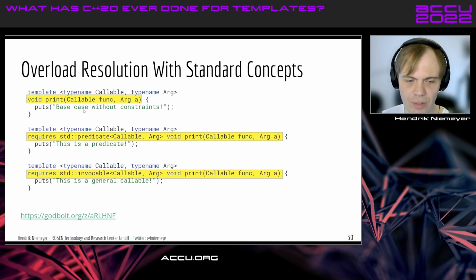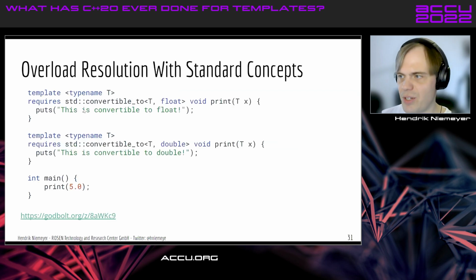And this is also a really good argument to use concepts from the standard library if the functionality you want to have is already in the standard library. But of course, you can fail with that as well. So here we have a function template with two overloads.